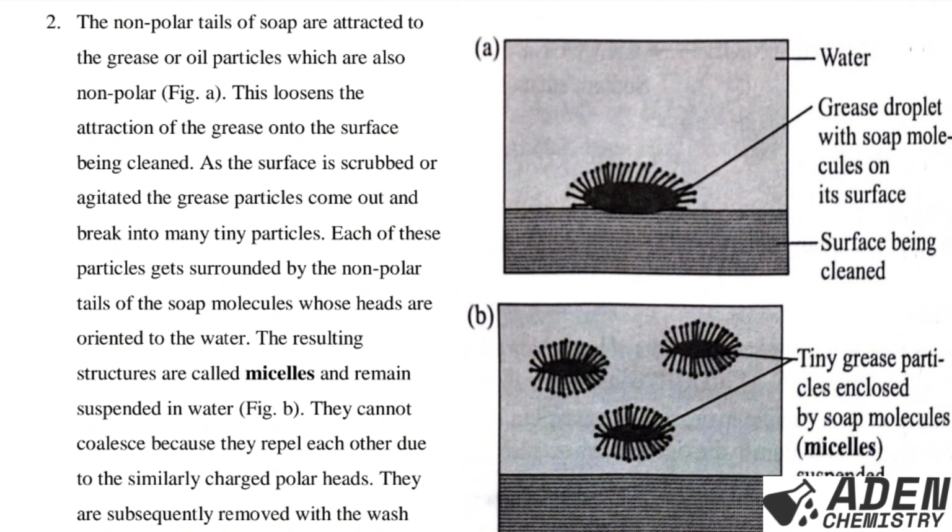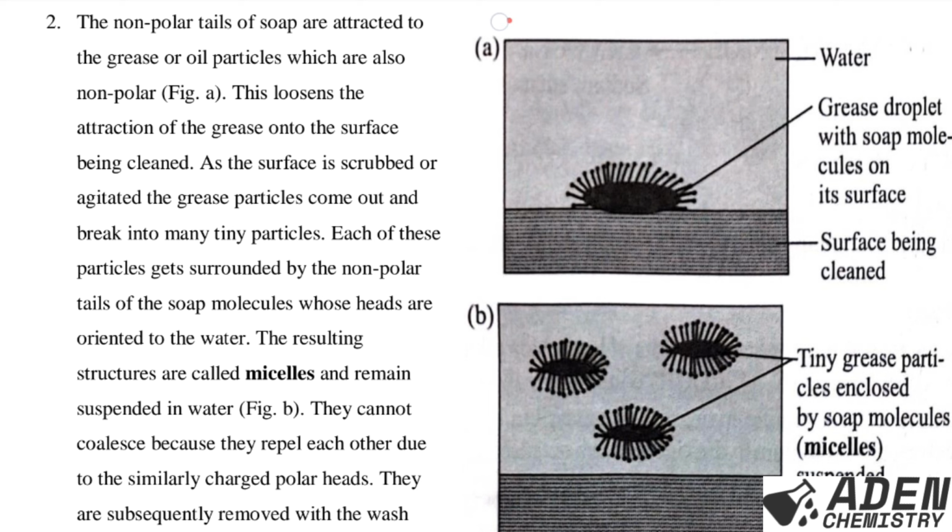So next we are saying they cannot coalesce. That means they cannot come together because they repel each other due to the similarly charged polar heads, and they are subsequently removed with the wash water. So that means during rinsing they are removed from the cloth or from the garment.